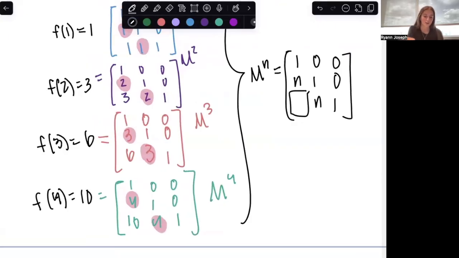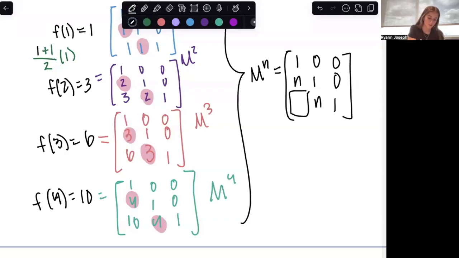The answer is, if I take 1 plus 1, divide it by 2, and then multiply it by 1. So 1 plus 1 is 2, divided by 2 is 1, times 1 is itself.